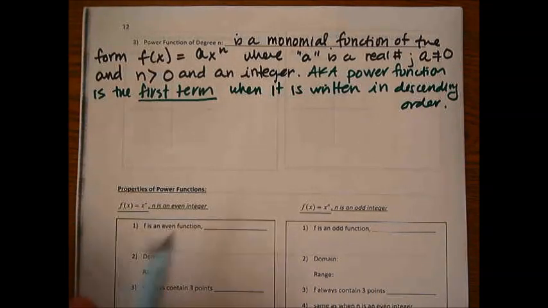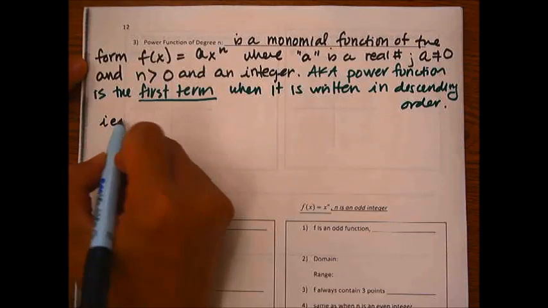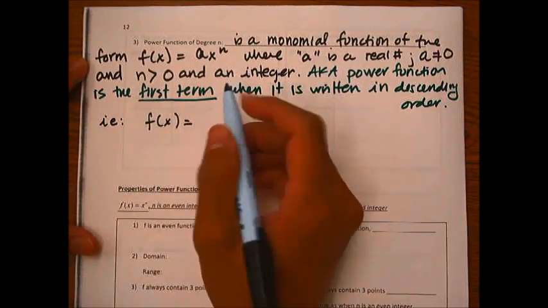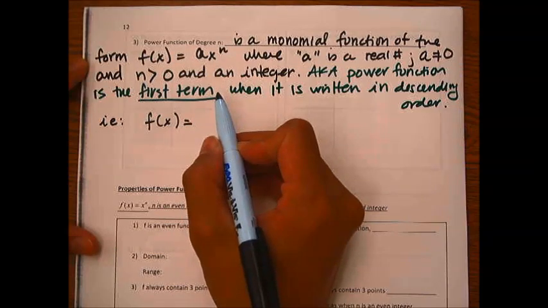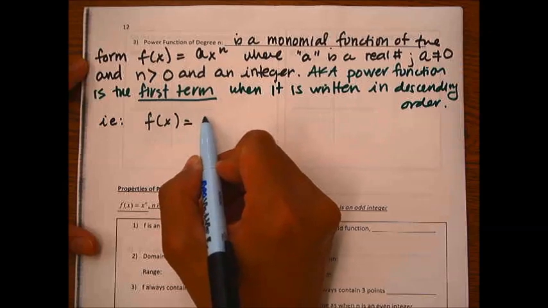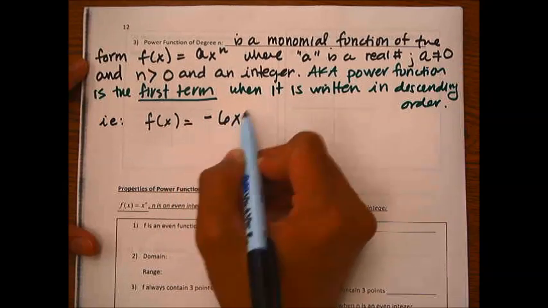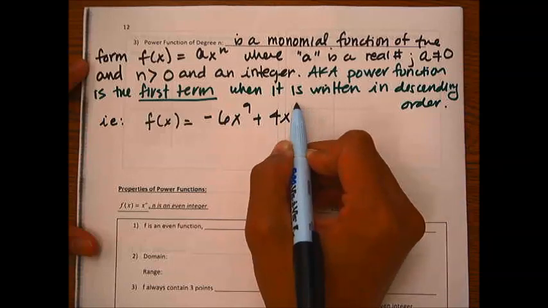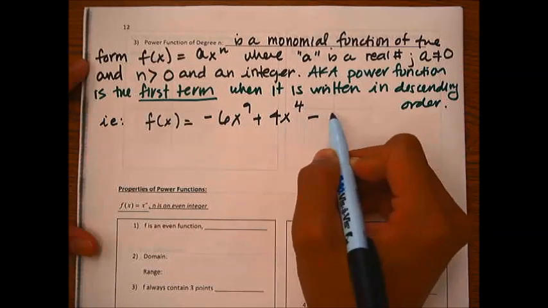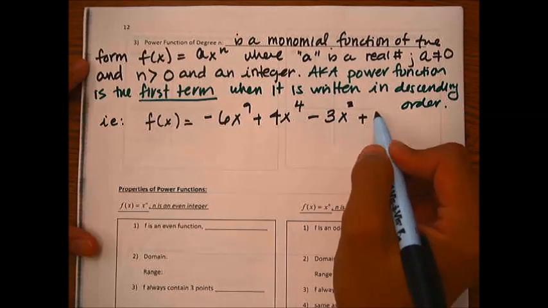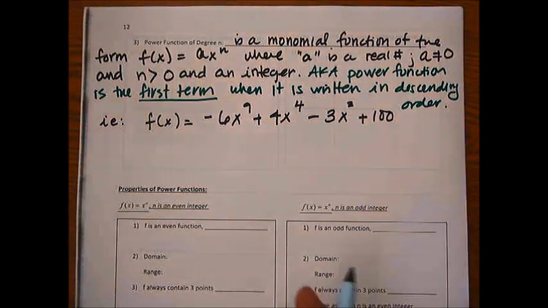So let me give you an example: f of x equals, making up something here, negative 6x to the 9 plus 4x to the 4th minus 3x squared plus 100. First, is it a polynomial?